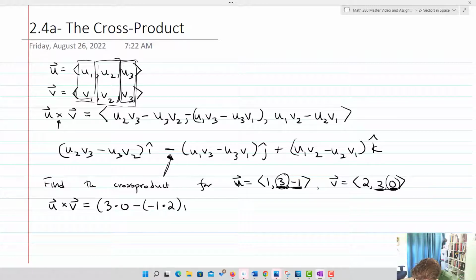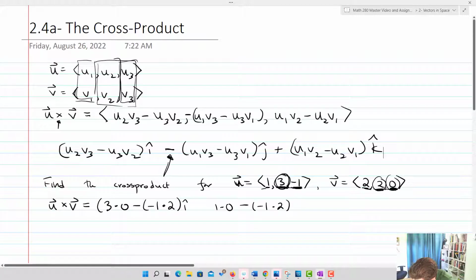And then that's going to be i, plus, now we'll take the first times the third, because we're looking for the second. So 1 times 0 minus the third times the first, minus negative 1 times 2. Notice I'm not going to have a plus, I'm going to have a minus sign there. And that'll be j.